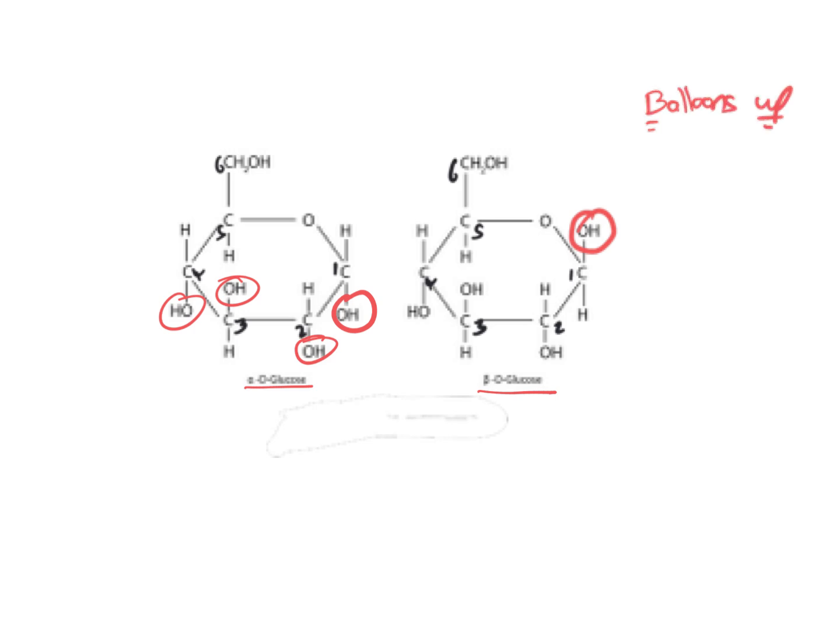So for the first carbon, the hydroxyl group starts at the top, not at the bottom. It starts going up. So instead of down, down, up, down, when you think about where the hydroxyl groups are with beta glucose, it's up, down, up, down. Again, the more often you draw this out yourself, the more often you look at it and remind yourself, the easier you will remember this key fact.